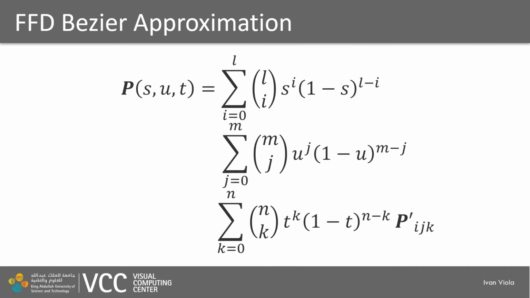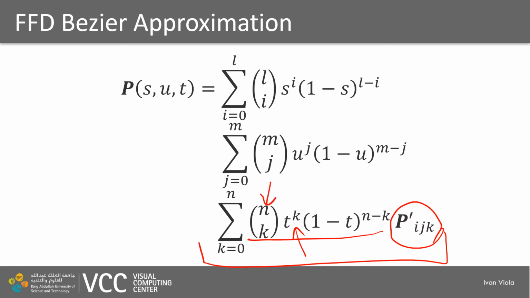We can see here the representation of how a Bezier approximation would look like for a given three-dimensional object. So until now, we are somehow familiar with such a representation of the Bezier, where here we have our control points positions described, and here we have our Bernstein polynomials, which consist of some polynomials of the degree k and n minus k, and then the binomial coefficient n over k is the multiplier of such a term.